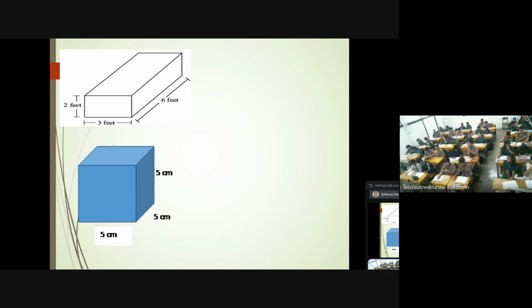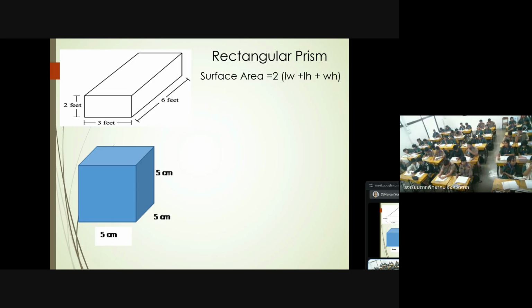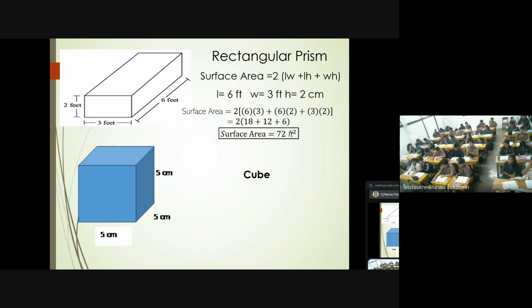Okay, for number 1, so this is the solution. So we need to identify. Okay. So, we have length times width. So, 6 and 3 and 2. Follow the formula. The answer is 72 feet squared.